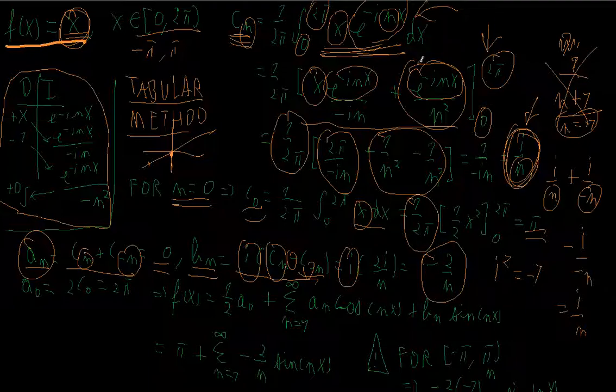So that is our odd real Fourier coefficients. And we don't need to forget a sub 0, which is simply 2 times our c sub 0 that we got here. So we get 2 times pi, so we get 2 pi.